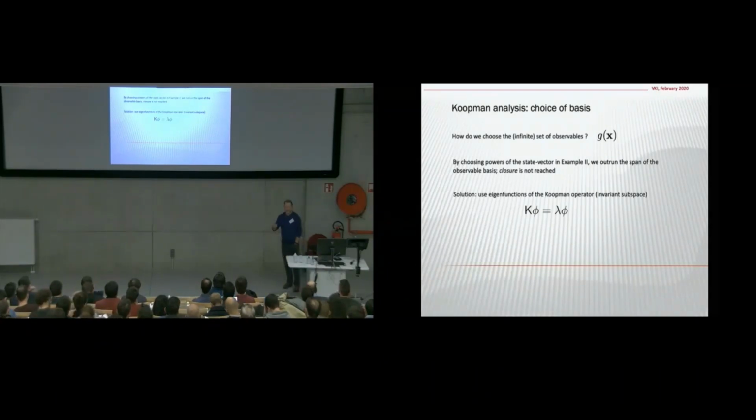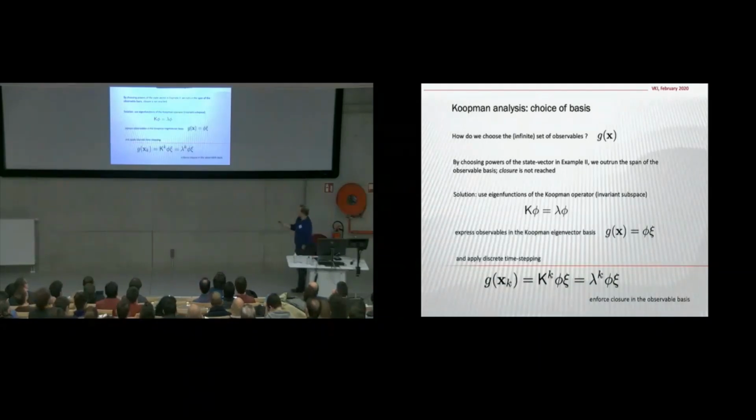So if we express something in phi, then by applying the Koopman operator, by stepping our scheme forward in the observables, these things will always stay within the same basis. That's why we call eigenvectors the invariant subspace. It is invariant under the action of the Koopman operator. Okay?